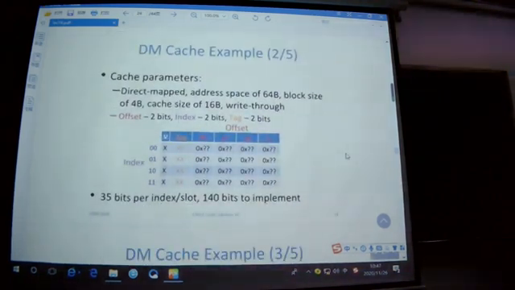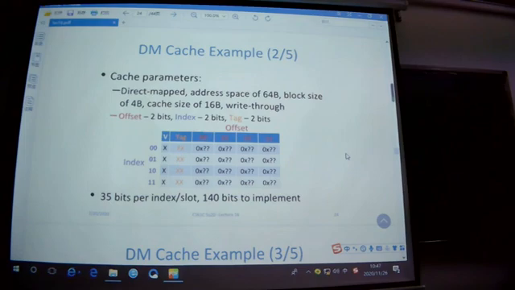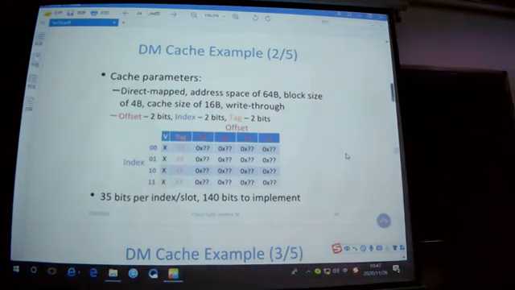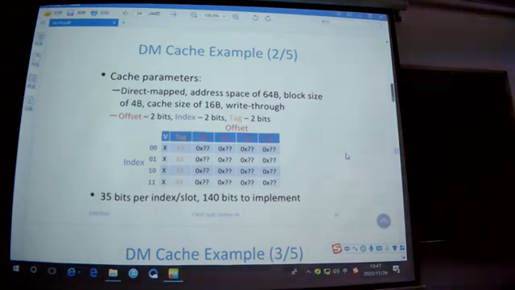Okay, the cache parameters we can find offset is 2 bits, index is 2 bits, and the tag is 2 bits. So we can find per index or per slot has 35 bits. 140 bits in total. This is an example.